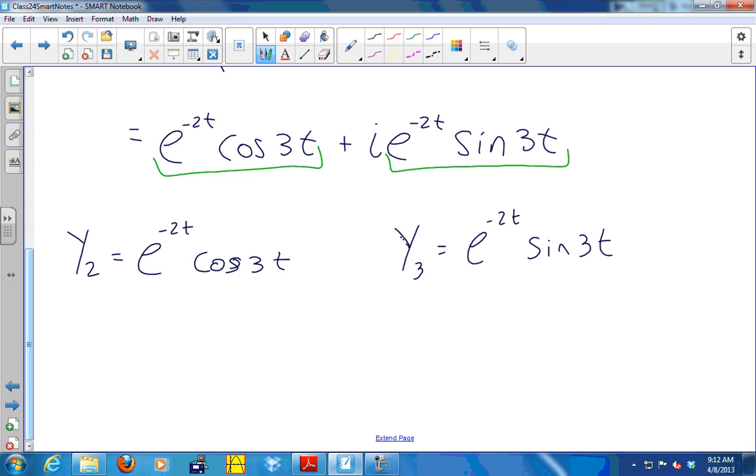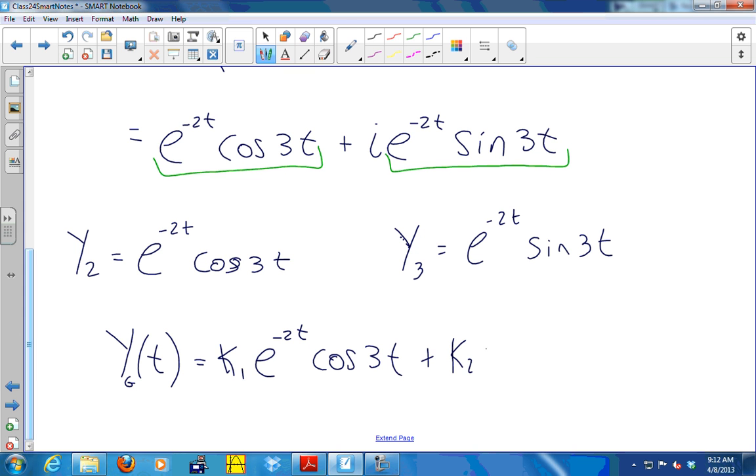So I have two solutions. They're going to be linearly independent. So my general solution is a linear combination of those two. So my y general, a little g there for general, I get k1 e to the negative 2t cosine 3t plus k2 e to the negative 2t sine 3t.